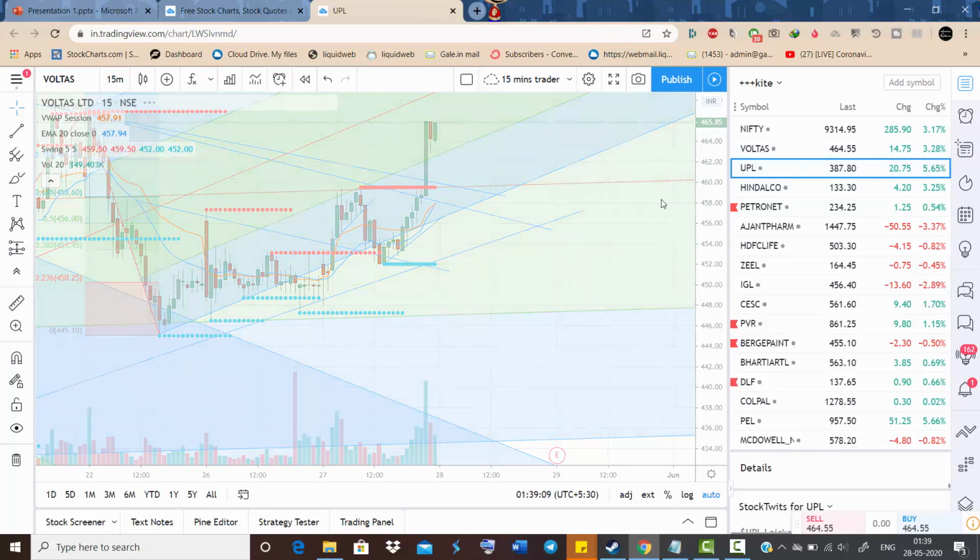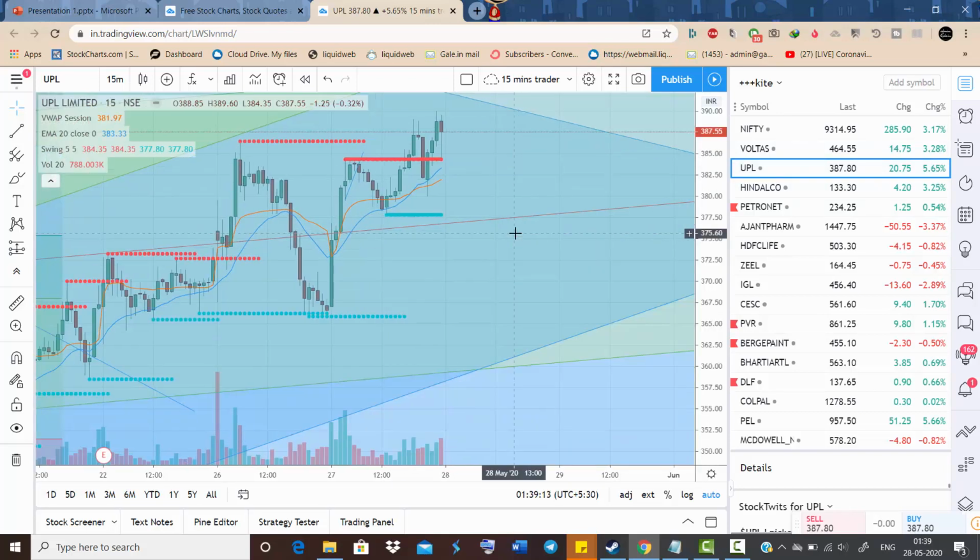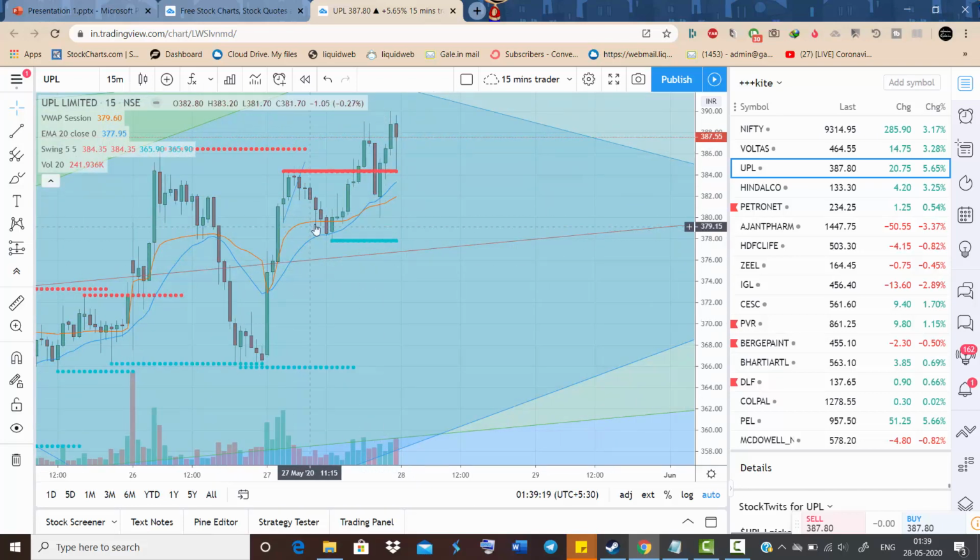The other strategy I've indicated is the VWAP false breakout strategy. You can see A to B, B to C, and there's a breakout happening in VWAP. You may think it is breaking out, and you can see there's a breakout in EMA 20. Many people have been taught that once it breaks EMA 20, you need to sell, book profits or book losses, then re-enter after a pattern is made.